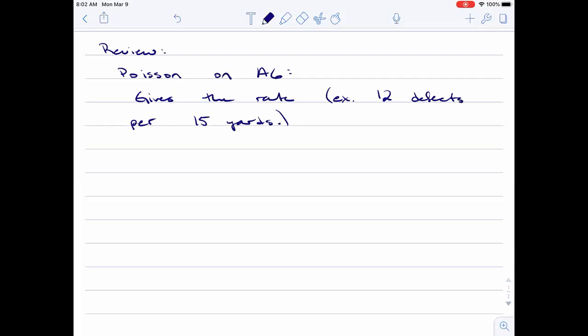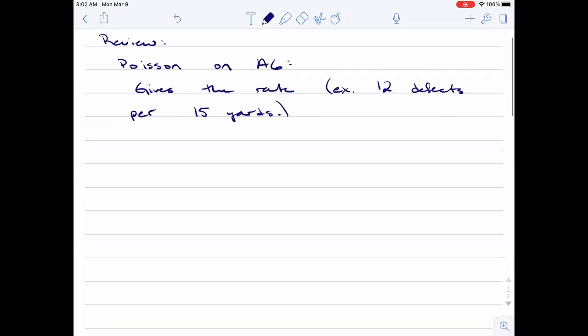However, then it says, just grabbing numbers out of thin air here, how many defects would you expect to have in 20 yards?